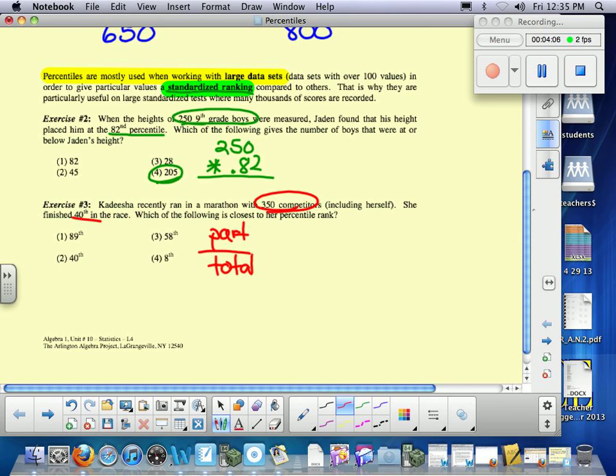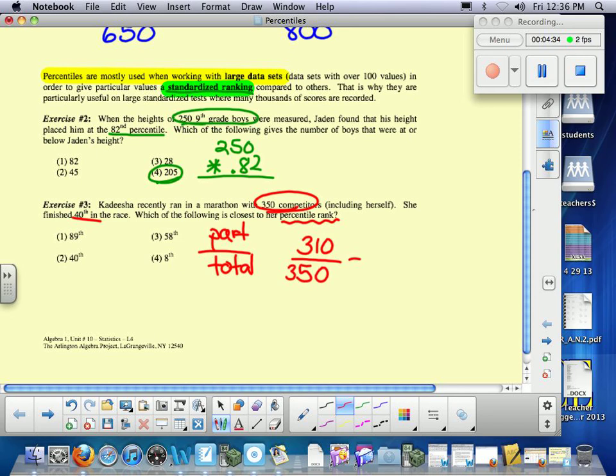Now, do we want the part that is finished, or do we want the part that are going to come after Kadisha? We want the part that are going to come after. Because a percentile rank says they finished with me or after me. So 310. Where'd you get 310 from? Subtract 40 from 350. Okay, so 350 minus her 40th place.